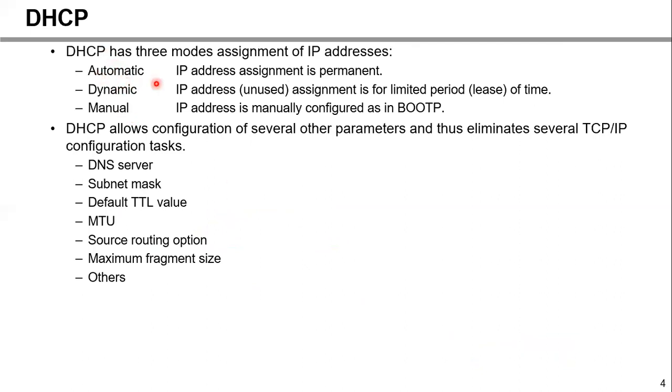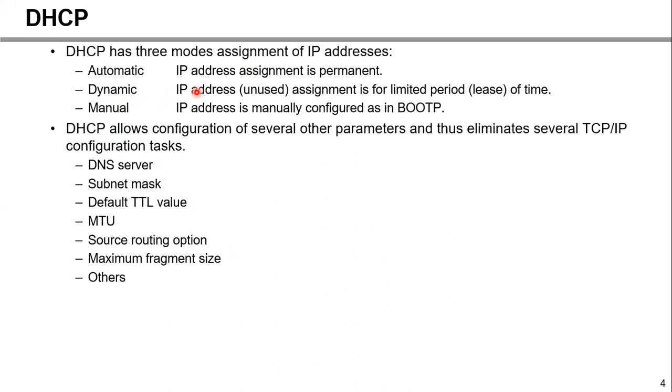One is automatic IP addressing, which is a permanent IP address assignment. So for the owners, that is the first case. It is automatic, but it is permanent.